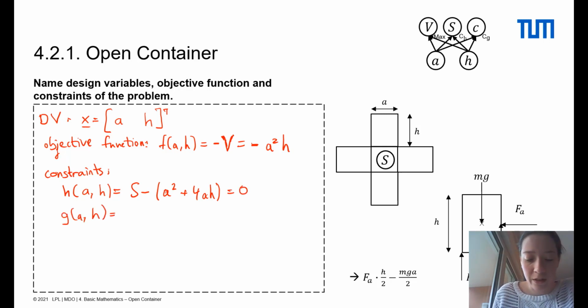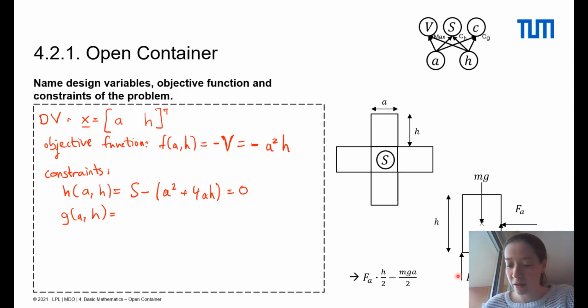And then we got an inequality constraint because we don't want it to tip over. And for those of you who are interested, this equation comes from a moment balance. So we want the moment that's created by that force. We need F1 to be big enough for that not to tip over.